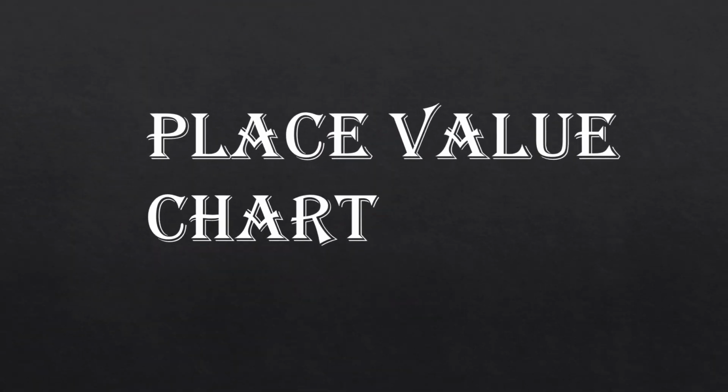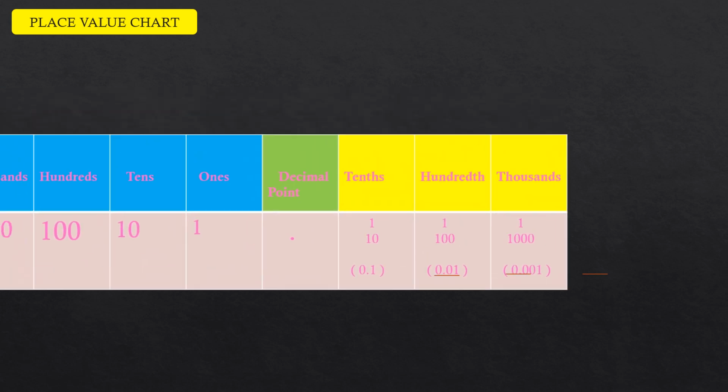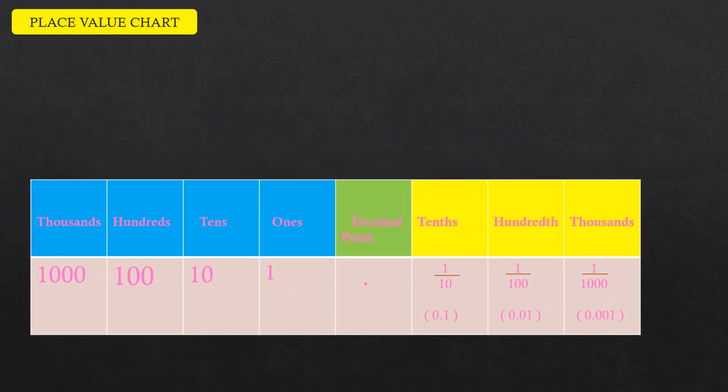Now we will learn about the place value chart of decimal numbers. So this is the decimal part of decimal numbers. So here first of all, in the middle comes the decimal point. Then before the decimal point we can write up to 4 numbers, that is ones, tens, hundreds and thousands. That means we can write 4 numbers before the decimal point.